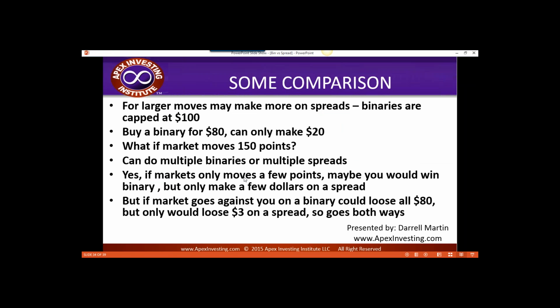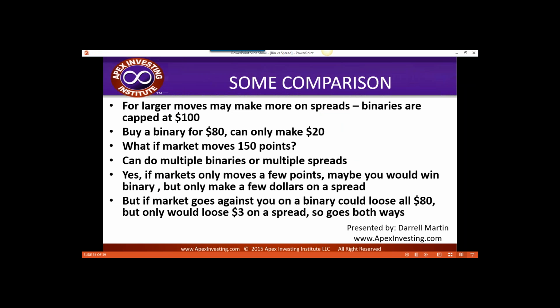So a few comparisons. We talked about earlier how binaries are volatility instruments. Even just a few ticks in your direction can make a big difference in value. But for larger moves in the market, you actually might be able to make a lot more money in a spread, right?